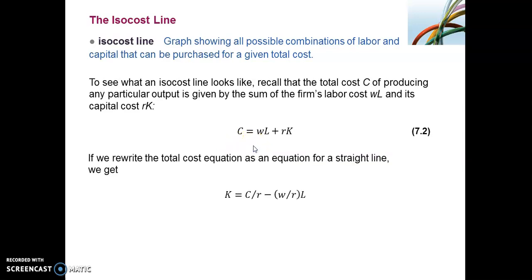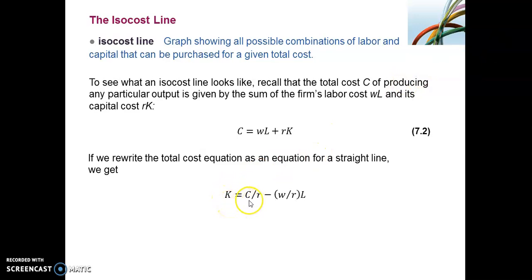So if we were to rewrite this total cost equation 7.2 as a straight line, we have capital plotted on our vertical axis from our convention in chapter 6. So if capital is plotted on our vertical axis, then K would be the subject of the formula if it is written as an equation for the straight line.